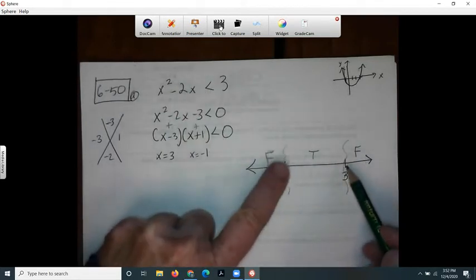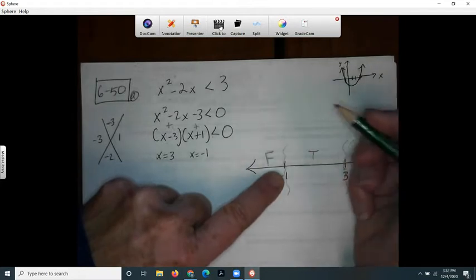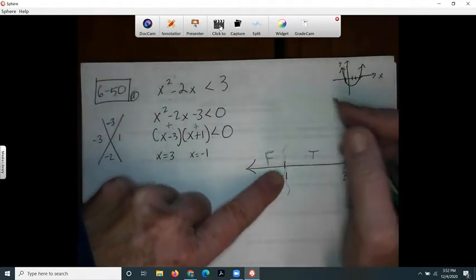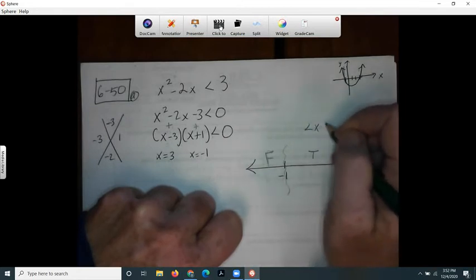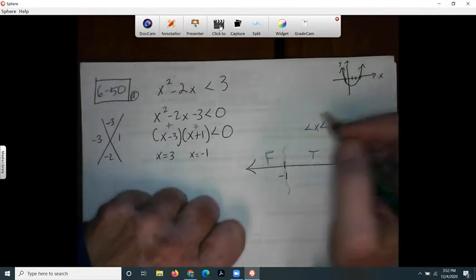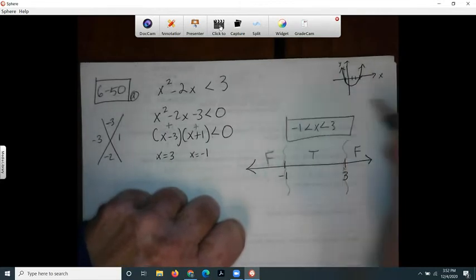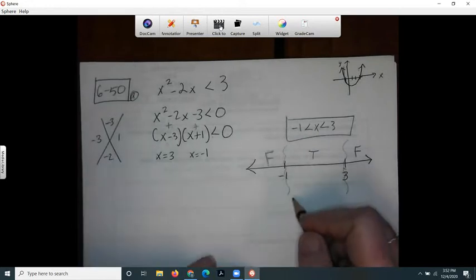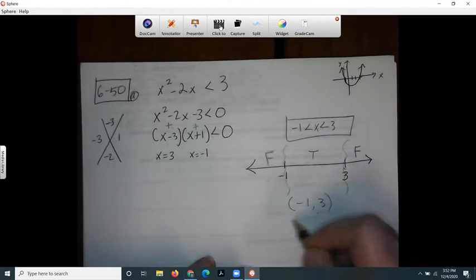There are different kinds of notation I can use. I'll just say that x is in between -1 and 3. If you know interval notation, you could write it this way too. This is not an ordered pair; this is interval notation, in case you know that. Is that all I had to do?